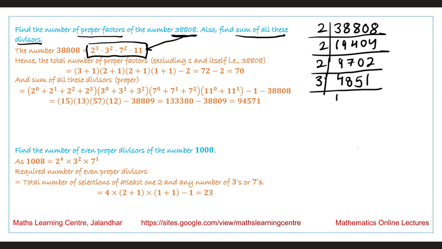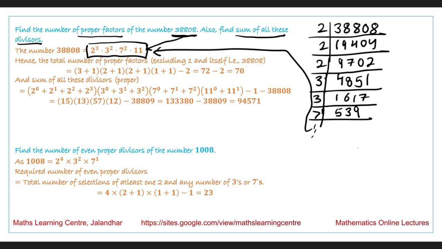We will have 1617, then 3 will be the factor of this term. So it is 539, then 7 is the factor of this term. So likewise if we continue, we will obtain the prime factorization in this form.